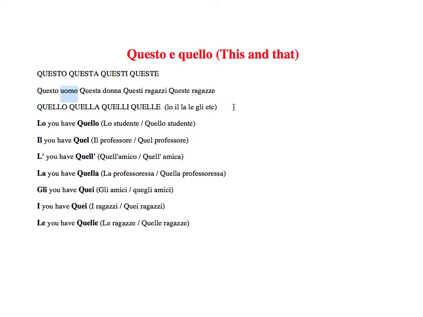When we were talking about the article, remember we had to choose one form or the other based on what? On the gender, the number, but also the first letter of the noun. And with quello, exactly the same thing is going to happen.